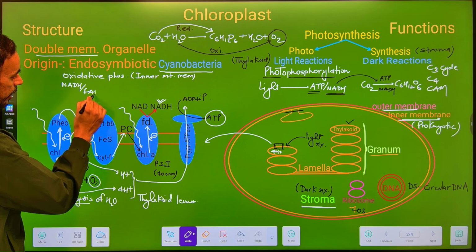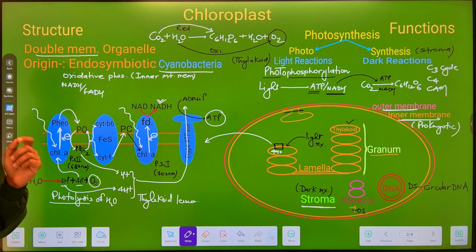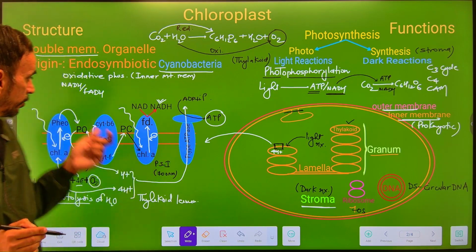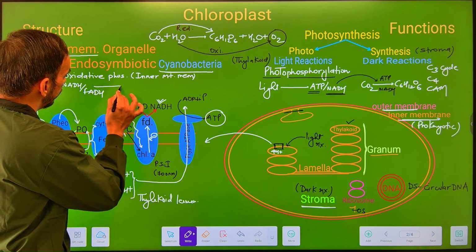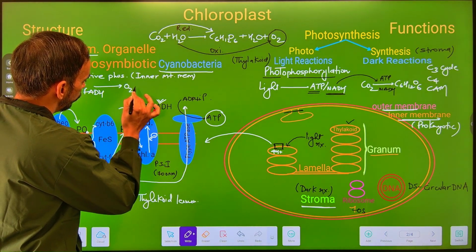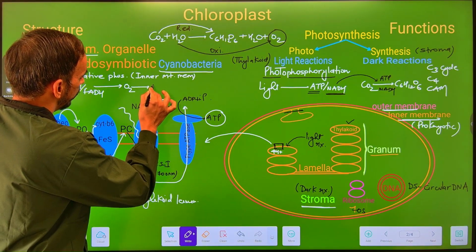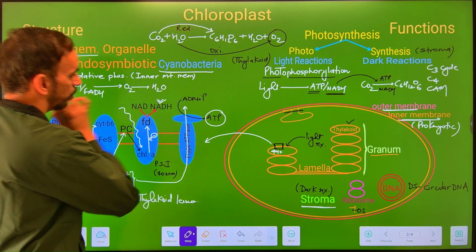The NADH will give its electrons to complex 1, while the FADH2 will give its electrons to complex 2. So there is a transfer of electrons from NADH or FADH2 to the terminal electron acceptor, that is O2, and the O2 after taking the electrons will convert into H2O.